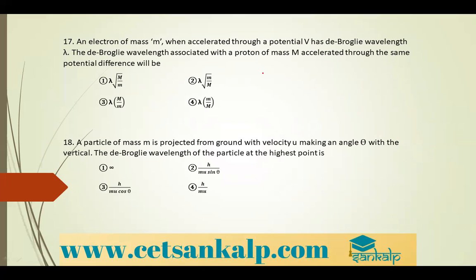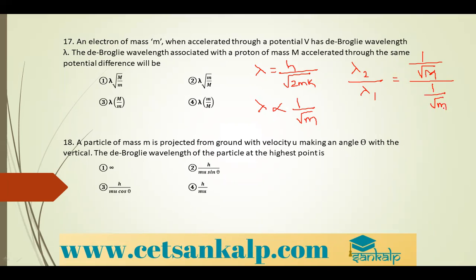Now see, as from the formula, lambda is equal to h divided by root of 2mK. So from this you can say lambda is inversely proportional to root m. So now lambda 2 by lambda 1 is equal to 1 by root of capital M, they have given capital M for the second one, over 1 by root of small m.